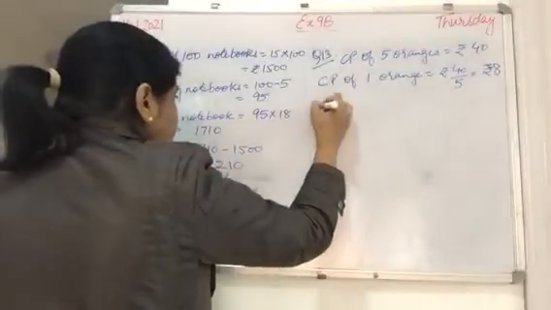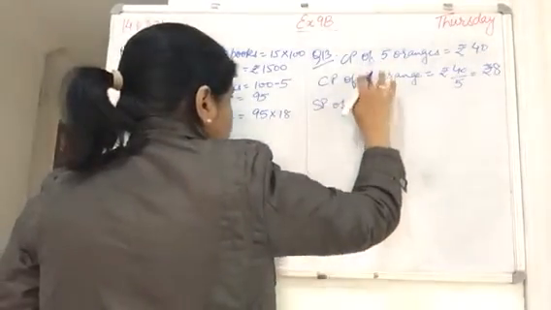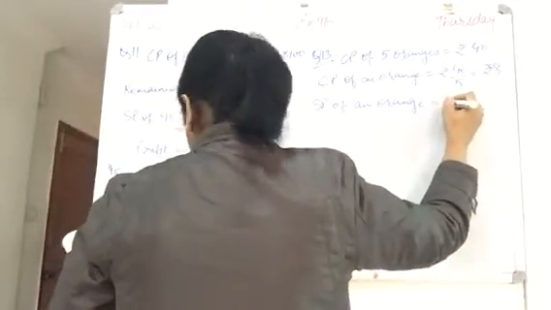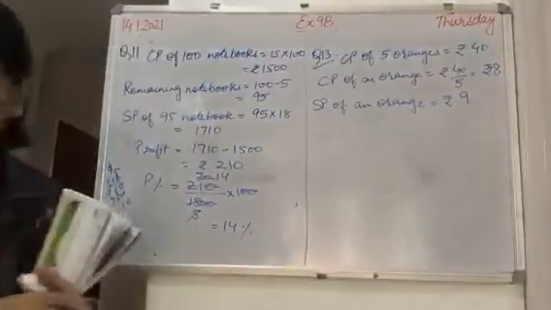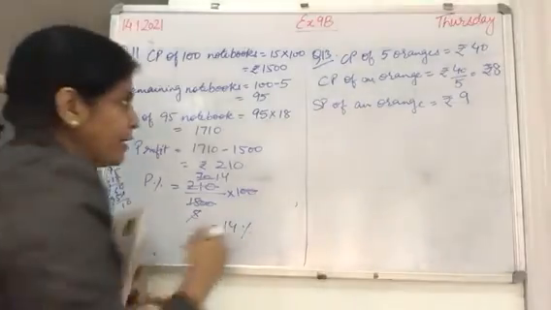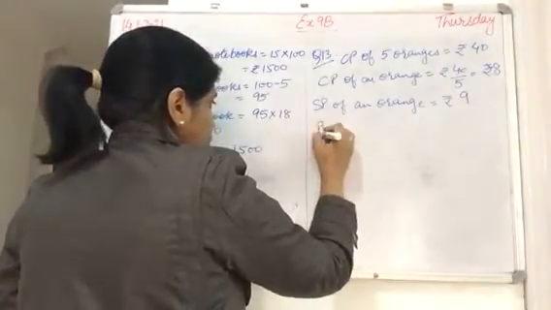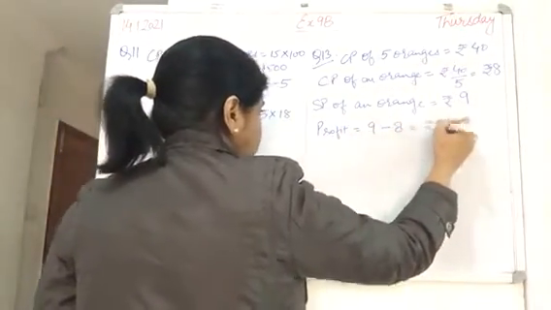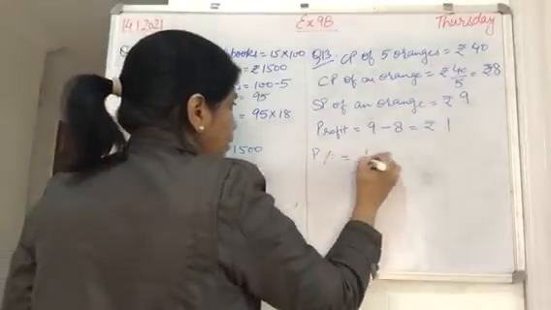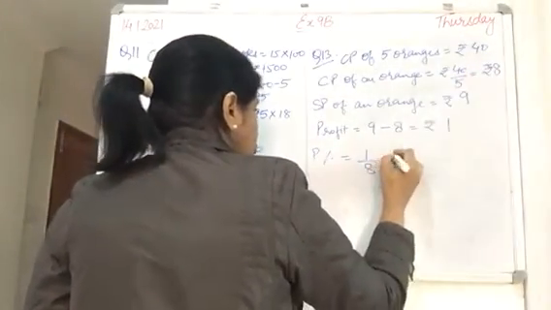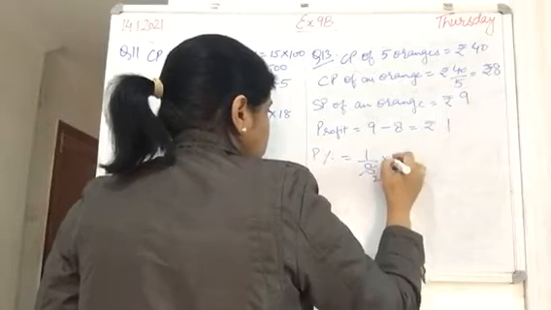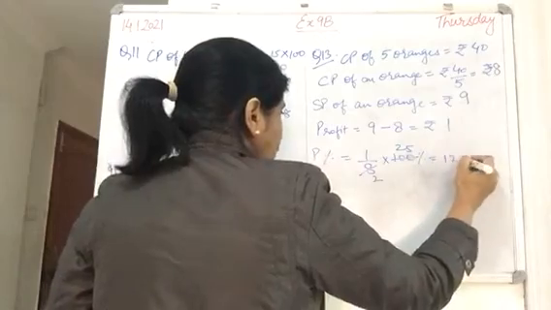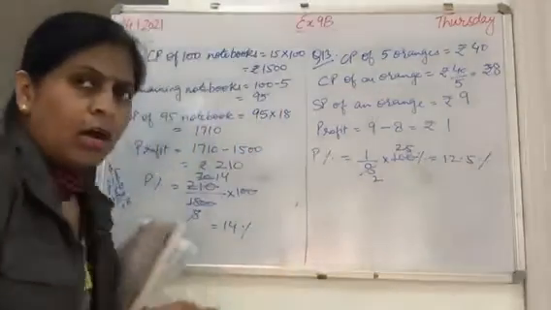Selling price of an orange is rupees 9. Now you can easily see that the cost price is lesser than the selling price, so there is a profit of rupee 1. Profit percent is 1 upon 8 into 100, so 12.5% is the answer.